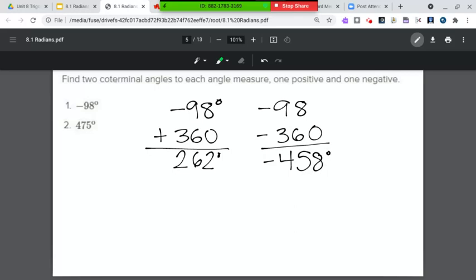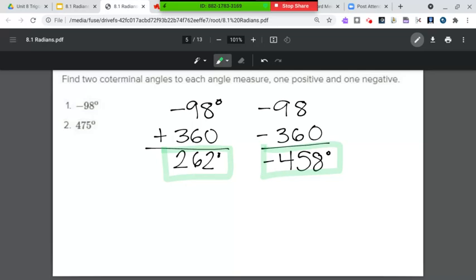We just found two of them, one positive, one negative. So if you drew negative 98 degrees in the coordinate plane, it would lie coterminal with a 262 degree angle and a negative 458 degree angle.